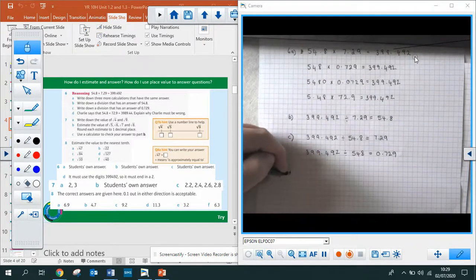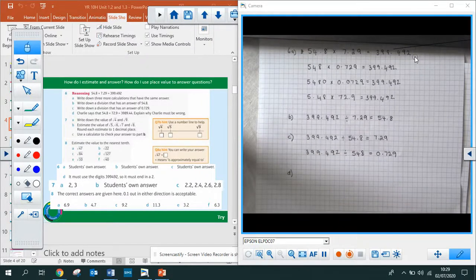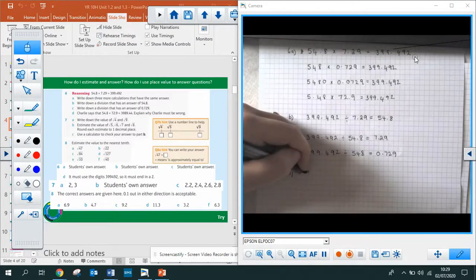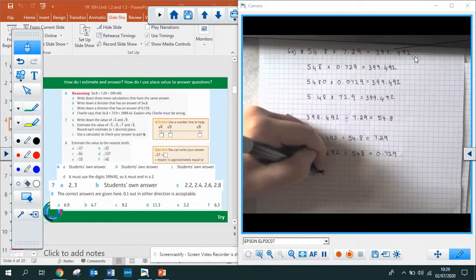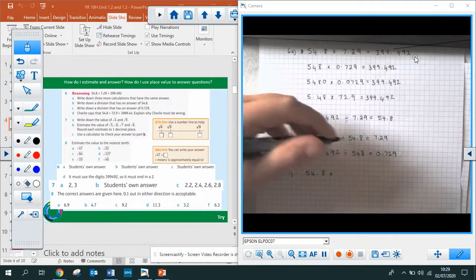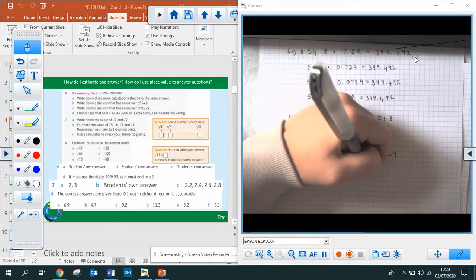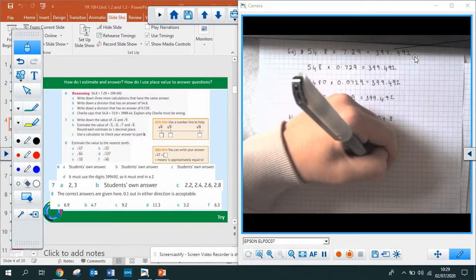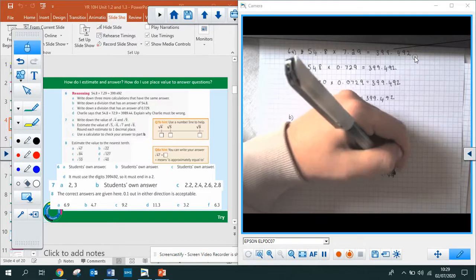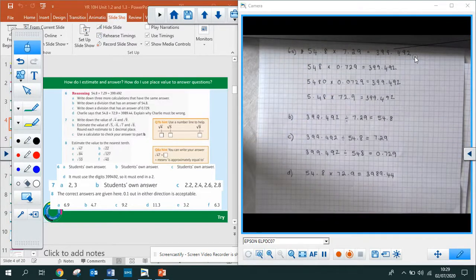Part D. Charlie says that 54.8 multiplied by 72.9 is equal to 3,989.44. Explain why Charlie must be wrong.